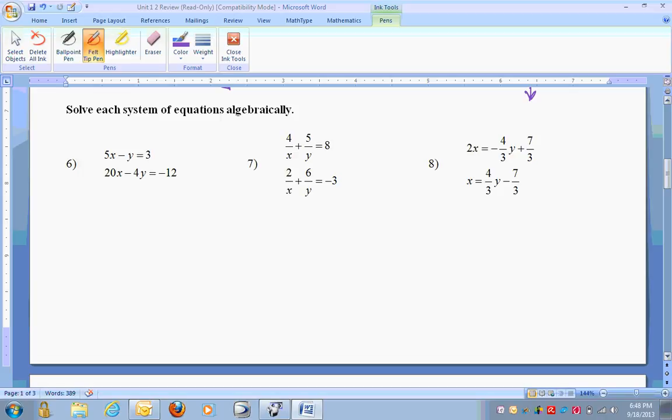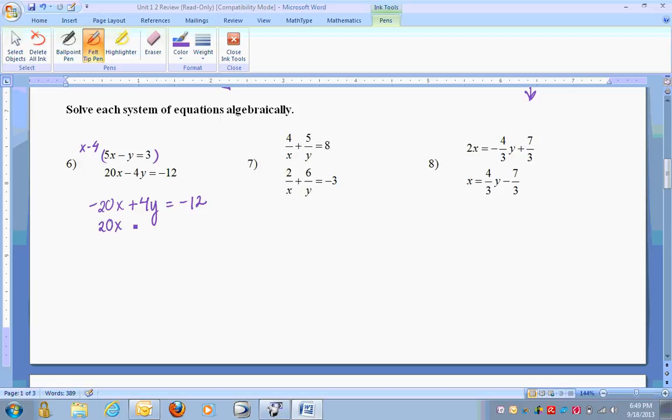I'm going to go ahead and use the process of elimination because I notice if I multiply my top equation by 4, I end up getting positive 20x. Sorry, let's multiply it by negative 4. We're going to try that again. So I get negative 20x plus 4y equals negative 12 when I multiply that top equation.